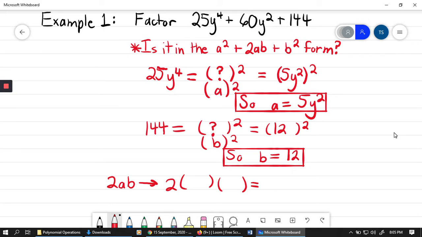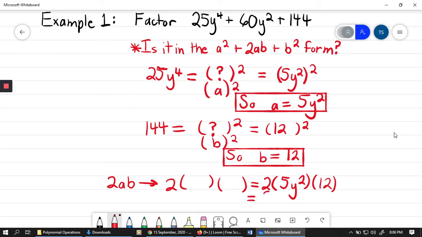So that is 2 times a, which is, what did we say a was? 5y squared. So that's 2 times 5y squared times b, which is 12.